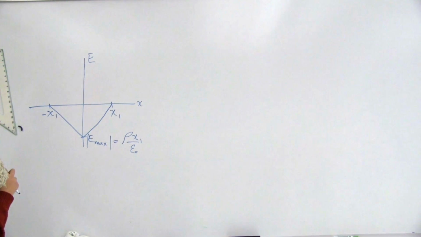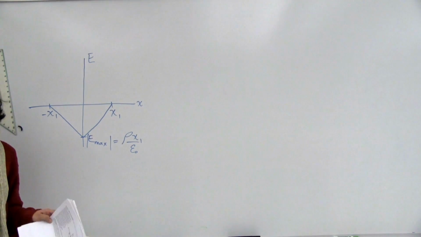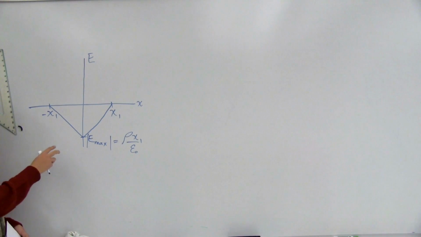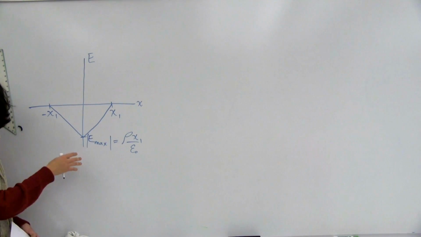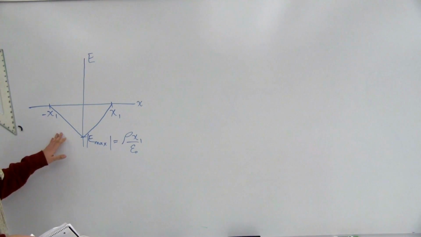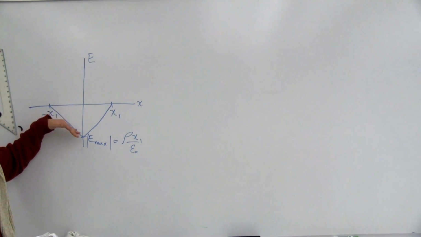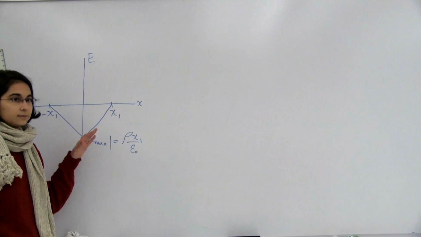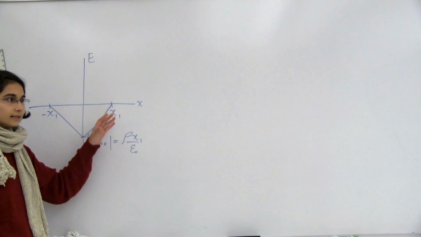I think I saw what people did on their homework, so I think everybody realized that you have to break this up into two parts. The voltage is going to have a different expression for when the field is like that, and a different expression for when the field is like that.